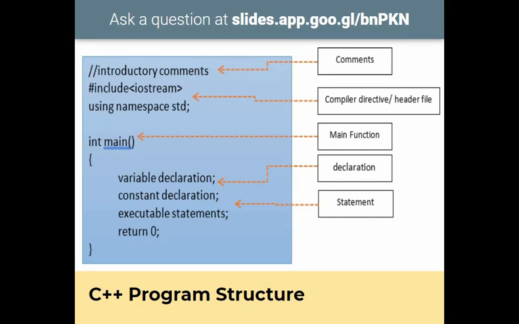Next is our instructions, whether we're going to display or calculate something. This is where we put our statements in our code. The other part is return 0. It is always included when you use int main. So this is the typical C++ program structure.